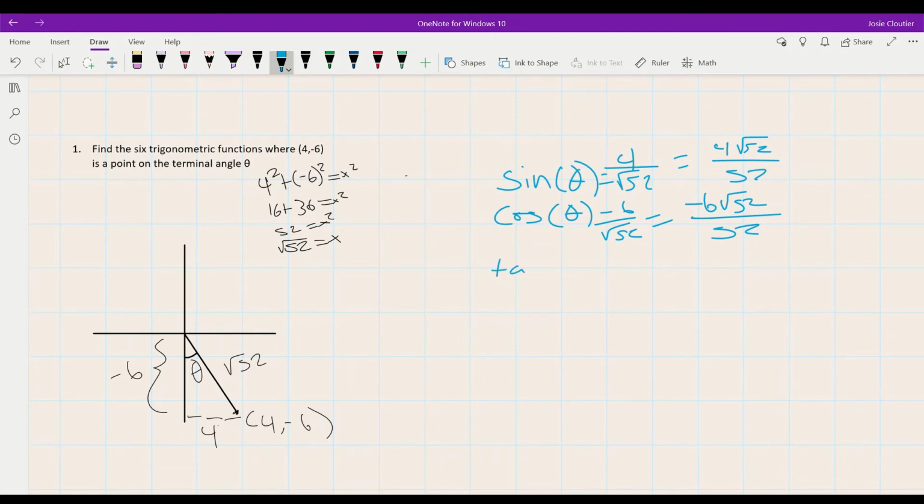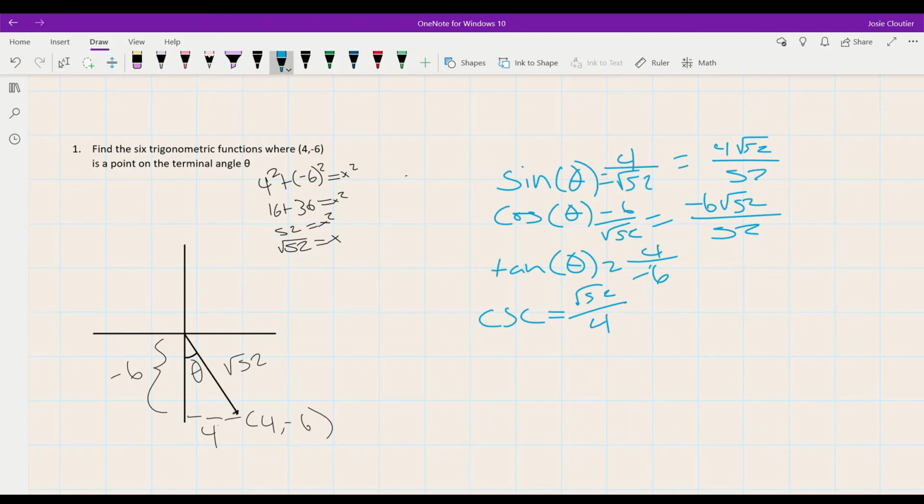Tangent of theta is equal to 4 over negative 6, and we don't have to rationalize. We have cosecant, which will be equal to square root 52 over 4.